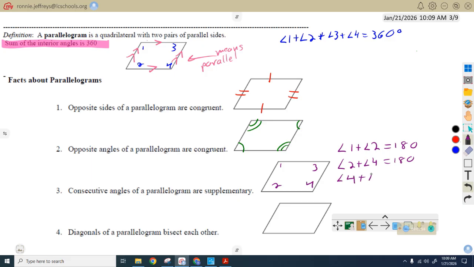Angle 4 plus angle 3 is 180. Angle 3 plus angle 1 is 180. Basically you can look at any two angles beside each other and they're supplementary. They're going to add up to 180. That's just it.